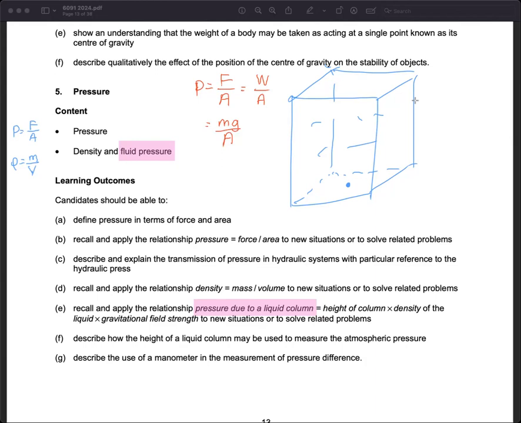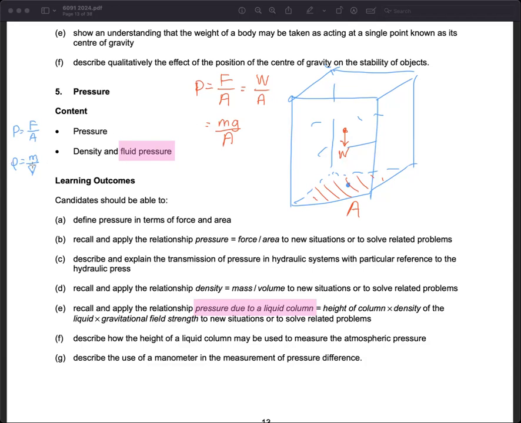Then we know that mass times g over A is the pressure. A will be the area here. This is A. Now we are trying to find the weight acting on it, so this is the weight. Weight is mg. Now we go back to this. Can I substitute m equal to density times volume?